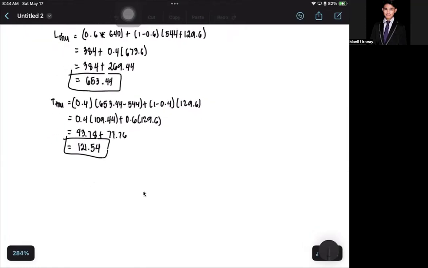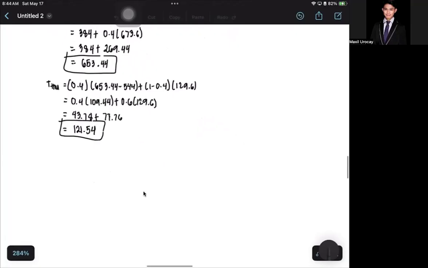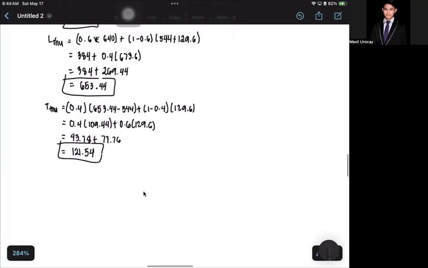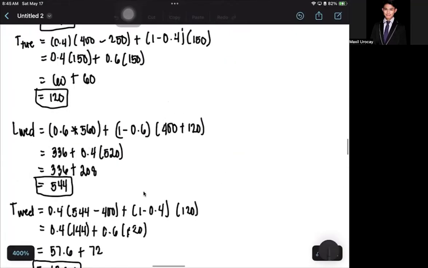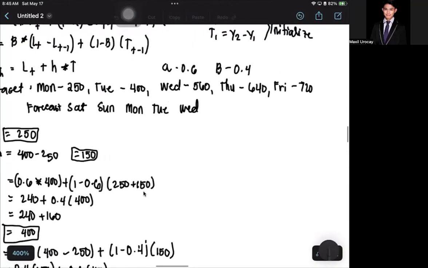So you were able to have the trend already of Thursday, and lastly, you will begin to get the level of Friday already. Now, for getting the level of Friday, since your parameter earlier is 0.6 times the data set of Friday, the data set of Friday is 720.